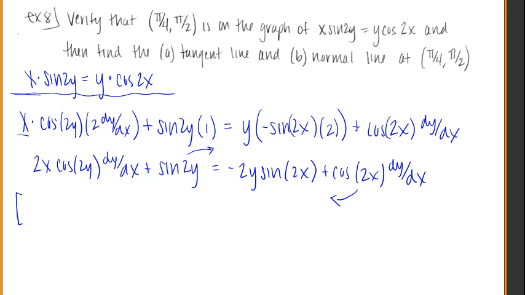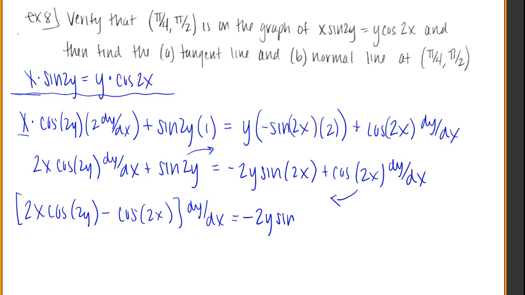So if I factor off also what's connected to dy/dx, then minus cosine of 2x dy/dx is going to equal negative 2y sine of 2x minus sine of 2y. Okay.